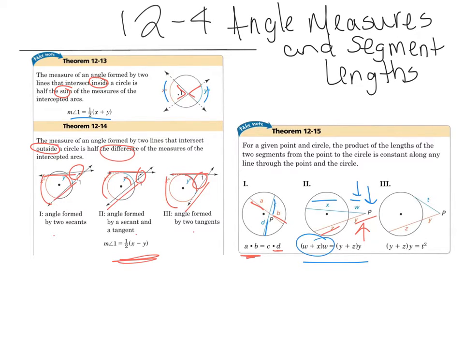The last one is when you have just 1 line outside and then 2 that go in. You add the 2 that are separated, multiply it by the outside, just like we did on this one, but then it's going to be equal to this one squared. Okay, and this theorem 12-15 is a little bit confusing, so you'll see it being used, and hopefully it'll help understand a little bit better.